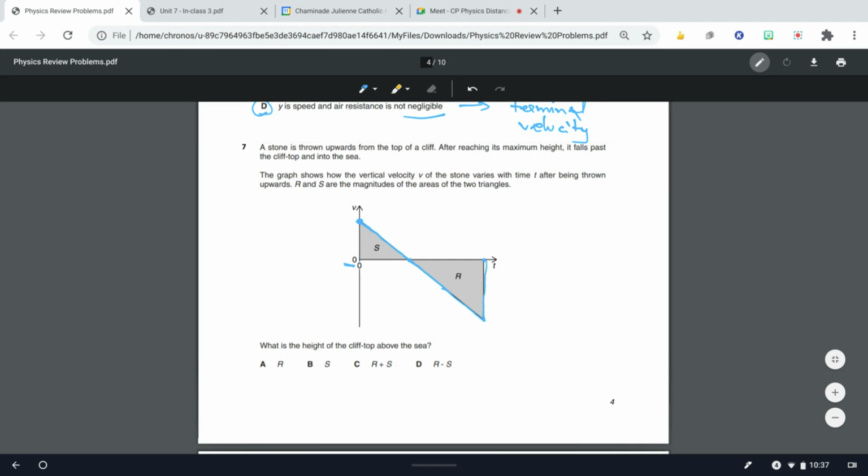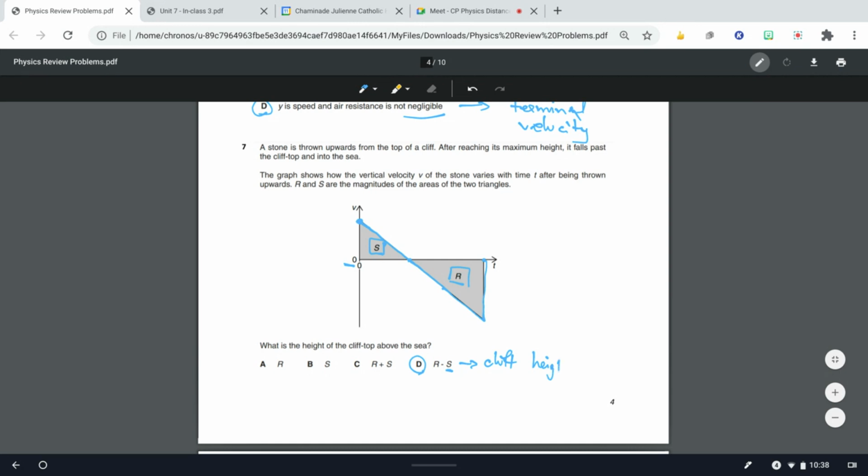Now in this case, the area under the curve here would give you the maximum height. R, on the other hand, is your downwards falling distance. So the correct answer here was R minus S. Why? Because R is the total distance of the fall back down to the sea, and S is the rise of height, or the gain in height. So R minus S would give you the actual cliff height.